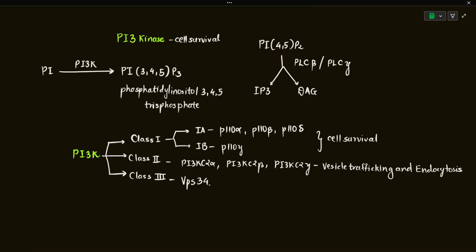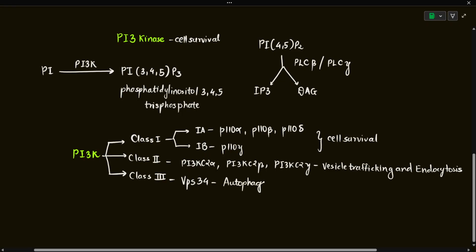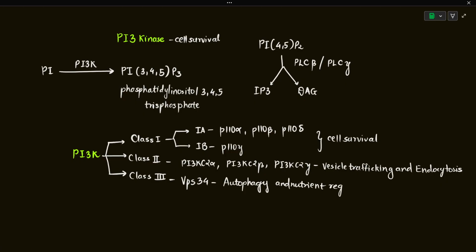While VPS34 is important in autophagy and nutrient regulation. So this is how all of those different types of PI3 kinases have different jobs.